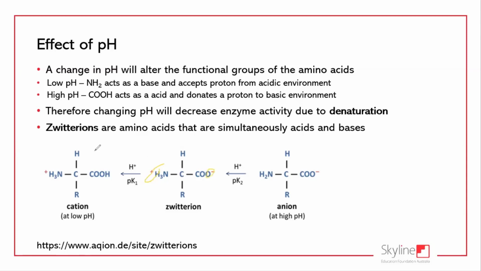Changing the pH will change the R chains, changing whether they act as an acid or a base, which will change the tertiary structure of the molecule. So for example, enzymes that work in your stomach, which is very acidic, won't work anywhere else in your body because the rest of your body is much less acidic.